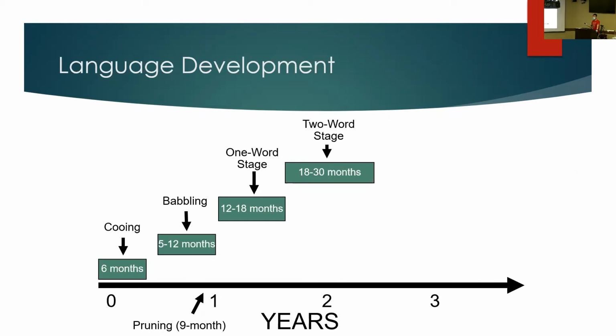They don't say full sentences, they say go away, something like that. So the two-word stage. And then after that will be the sentence phase. They start to speak language in more grammatical terms. Okay.